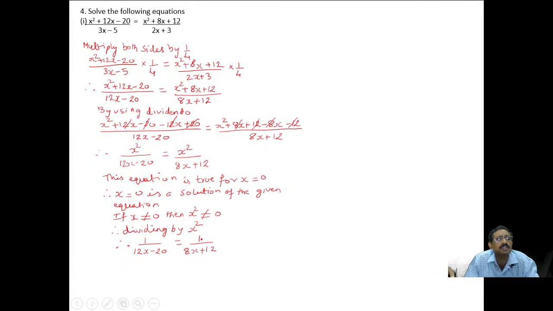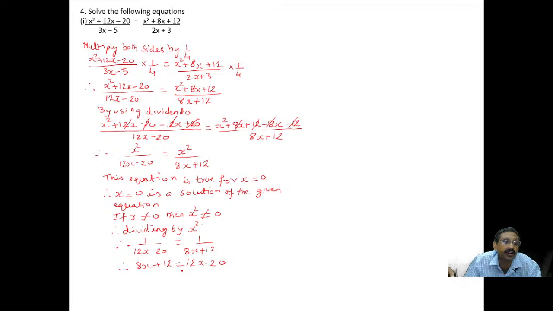Now we have got this. Now what can be done here? Let us think. Can we use cross multiplication over here? Can we send this here? Can we send this here? Yes, we can do it. So by cross multiplication, 8x plus 12 is equal to 12x minus 20.